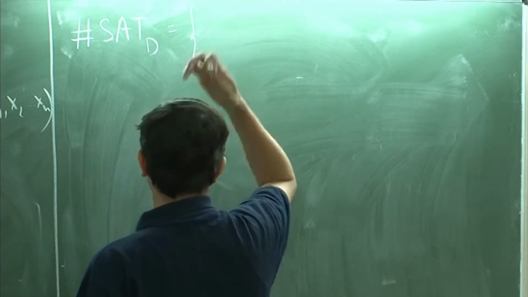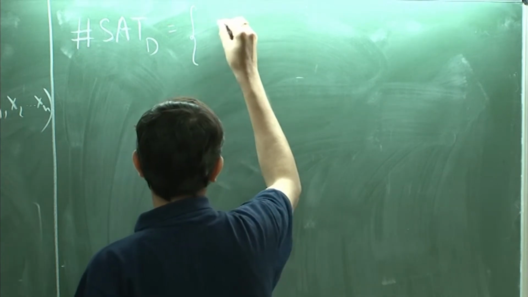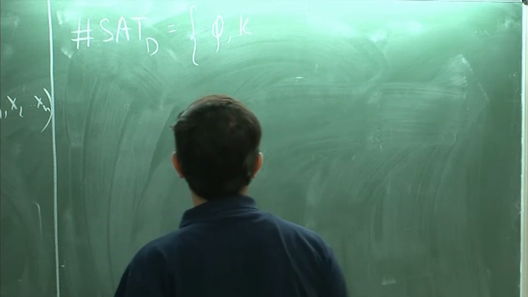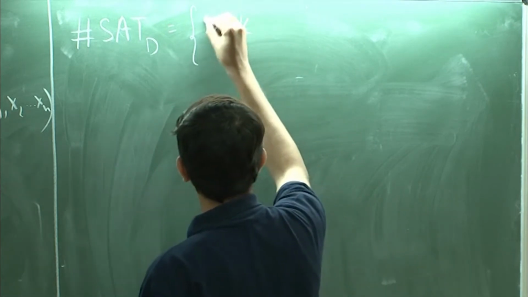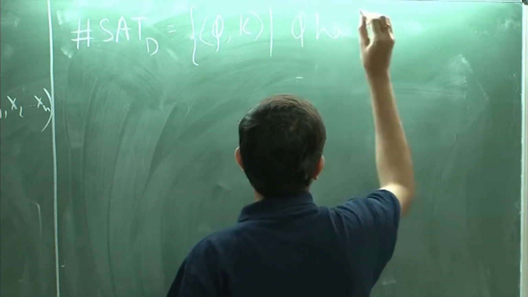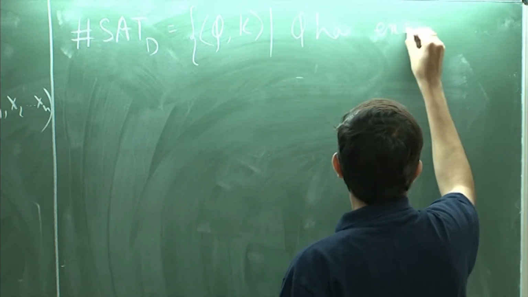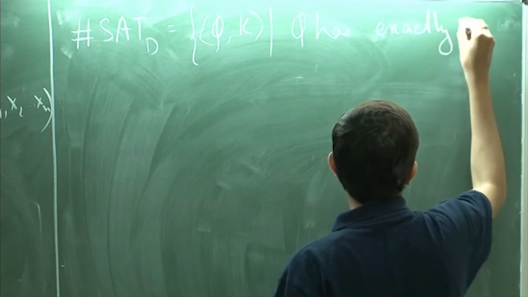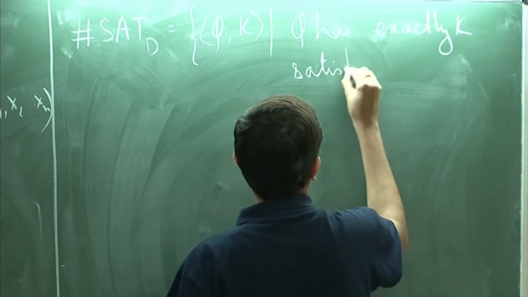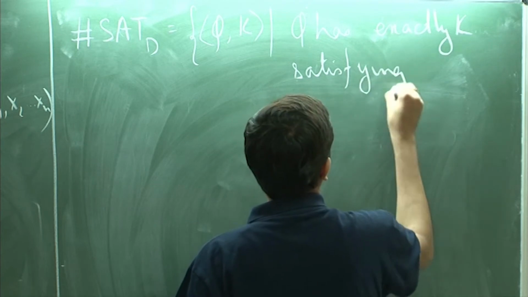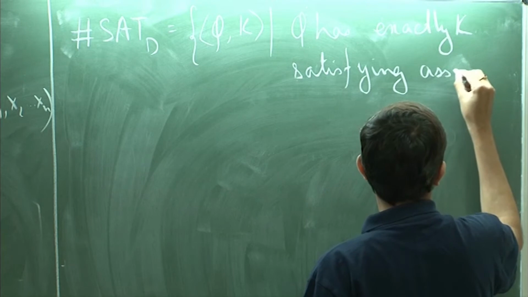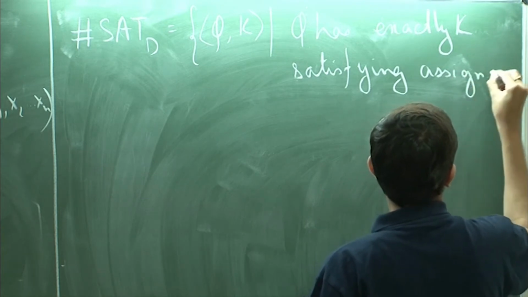We are given a 3CNF Boolean formula phi and some number k in binary such that phi has exactly k satisfying assignments.